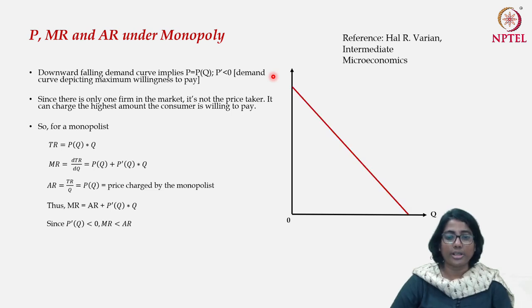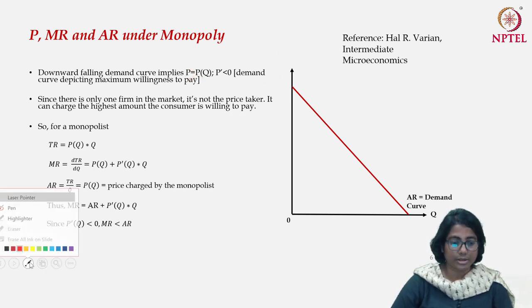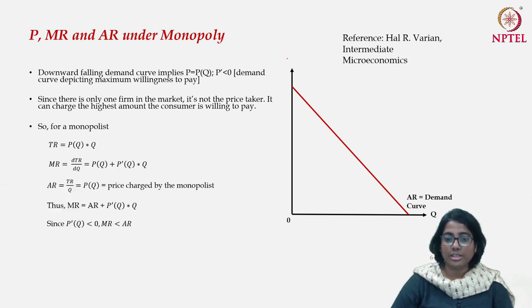There is a downward falling demand curve, and this demand curve is represented as P as a function of Q. So this is where we should plot P. Here we are also plotting cost. So if we look at this demand curve, this is the market demand curve, right? So this is the demand curve that the monopolist is facing. Now this demand curve is denoted by P equal to P(Q).